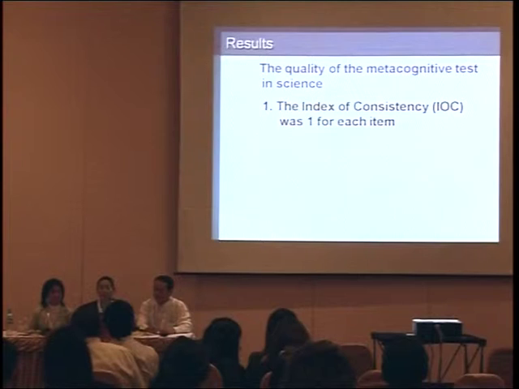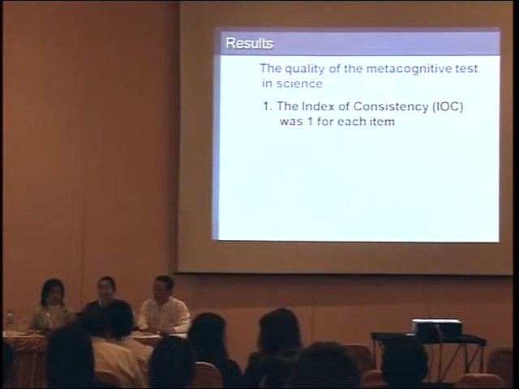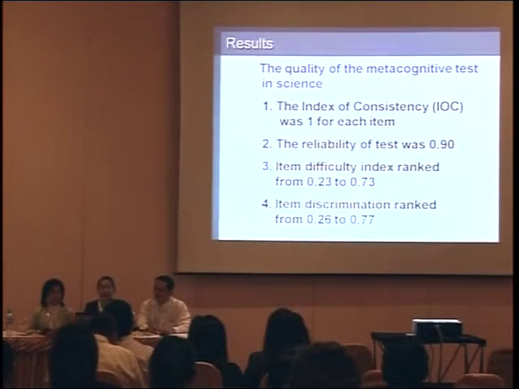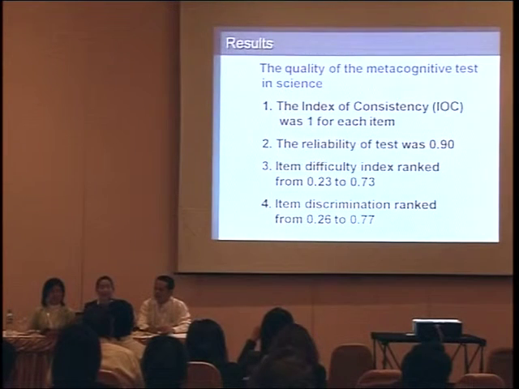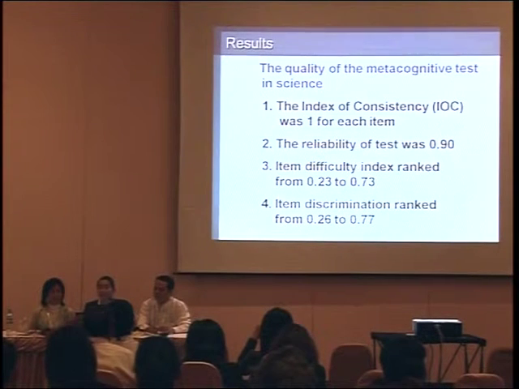So the index of consistency was 1 for each item. Number 2, the reliability of the test was 0.9. Number 3, the item difficulty index ranged from 0.23 to 0.73. And the last, number 4, the item discrimination ranged from 0.26 to 0.77.